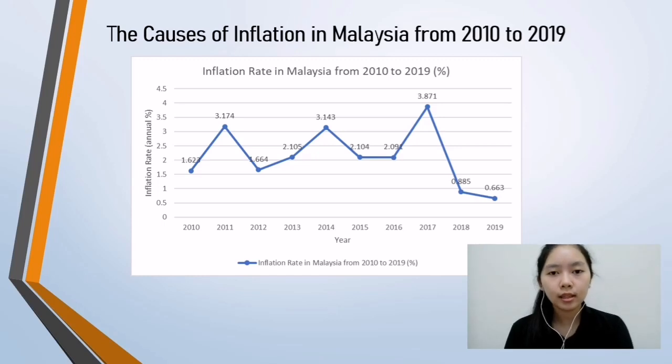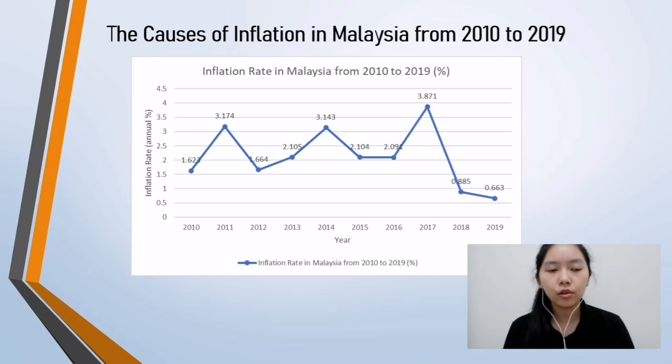For 2016, the inflation rate is the same as for 2015 due to an increase in the food and non-alcoholic beverage index and a slight drop in the transport index due to a decline in fuel price. In the year 2017, the inflation rate rose significantly from 2.1% to 3.9%.